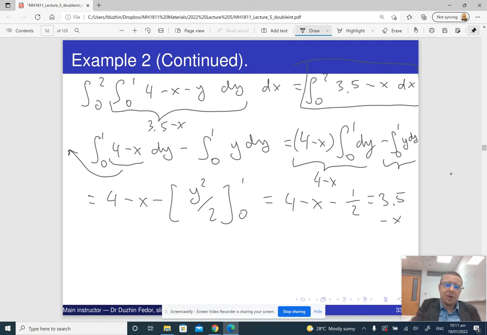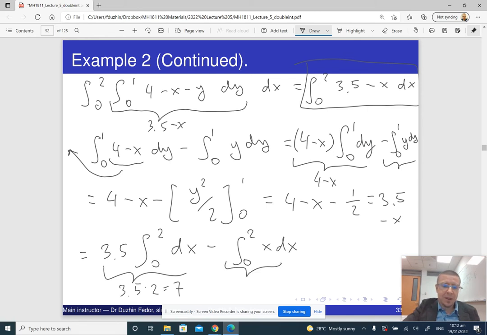And again, we can split it into two parts. The first part is 3.5 times the integral from 0 to 2 dx, minus the integral from 0 to 2 of x dx. This part is easy to compute. It's just 3.5 times 2, which is 7.